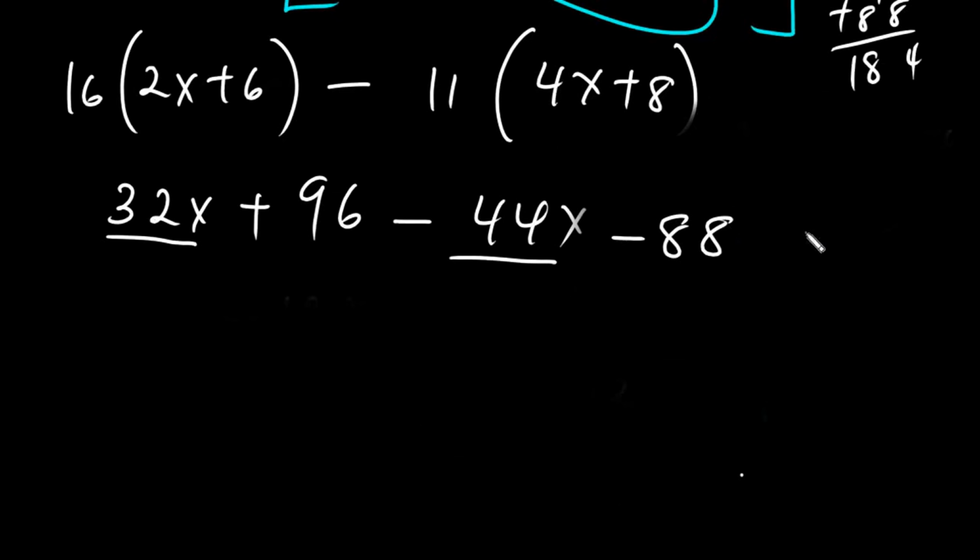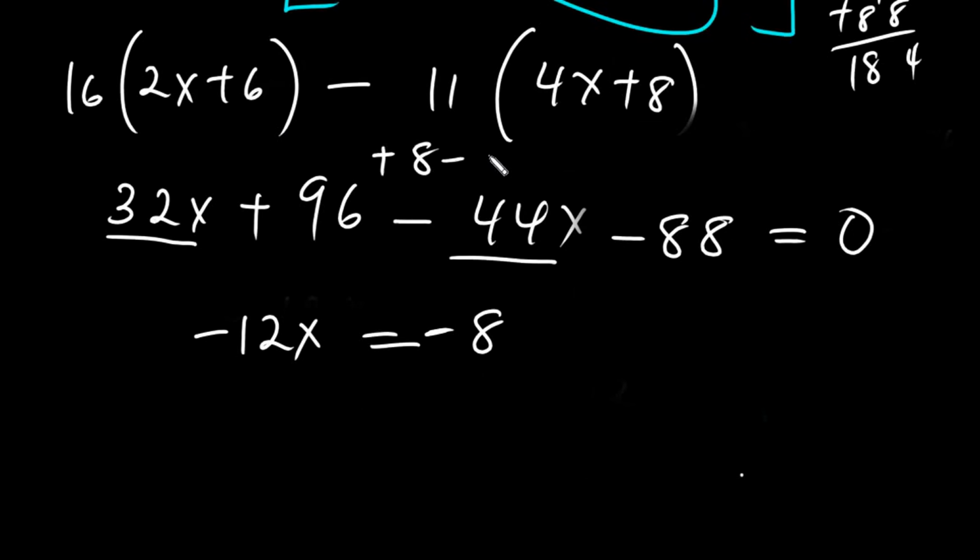So we can now equate it to 0. When we put like terms together, 32x minus 44x is negative 12x, and 96 minus 88 is 8, so negative 12x plus 8 equals 0. Subtracting 8 on both sides gives negative 12x equals negative 8.